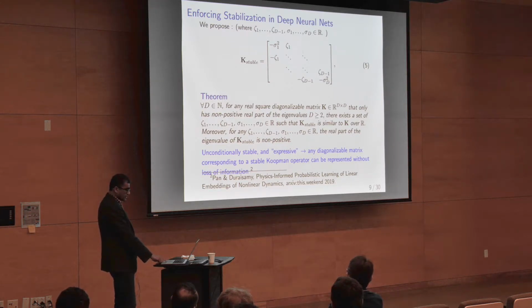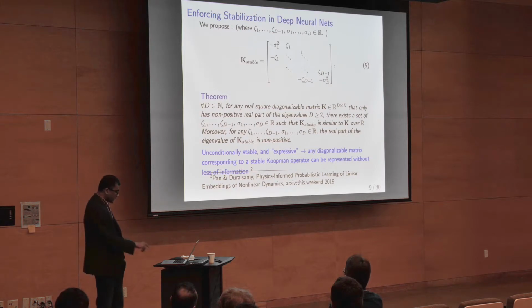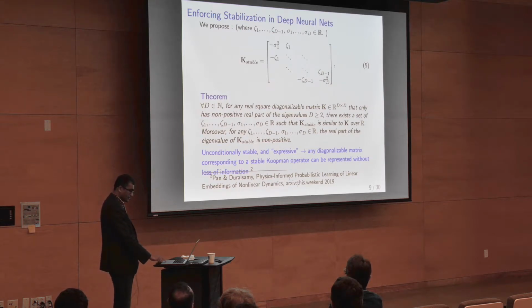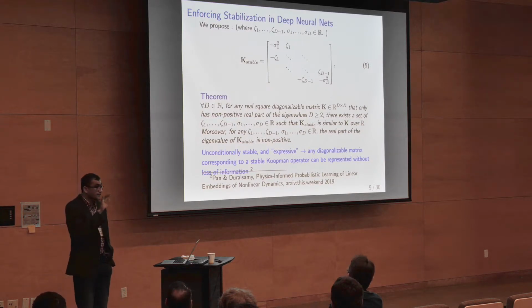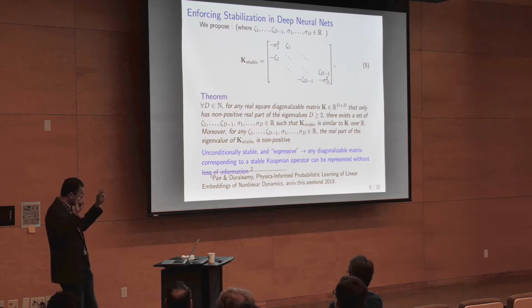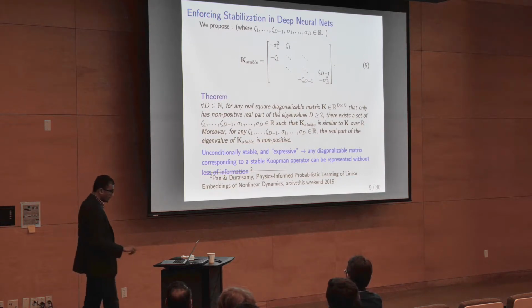Okay, so this seems somewhat arbitrary, but if you look at this paper, which is going to be on arXiv this weekend, we show a theorem: take any real diagonalizable square matrix, let's say the true Koopman operator matrix.